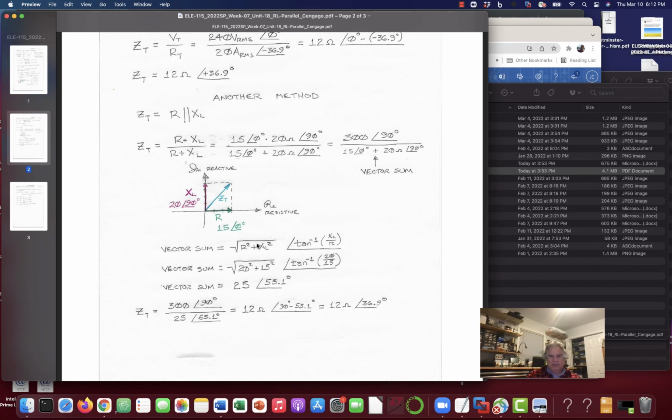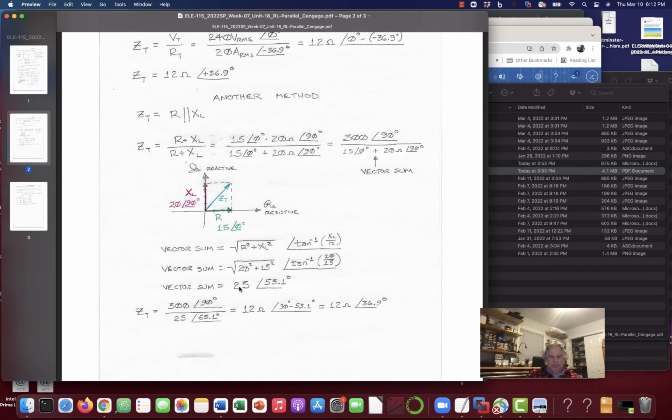And when we run the calculations, we find that to be true. It's 25 ohms. This is the denominator now. It's 25. I guess it would be ohms. And we'd be at an angle whose tangent is XL over R, opposite over adjacent.